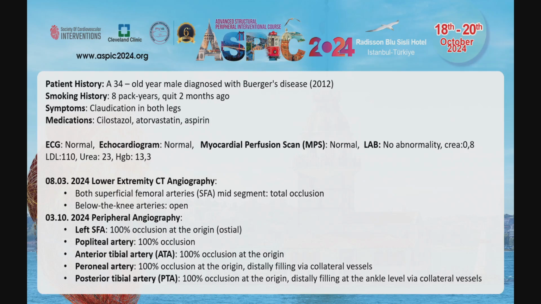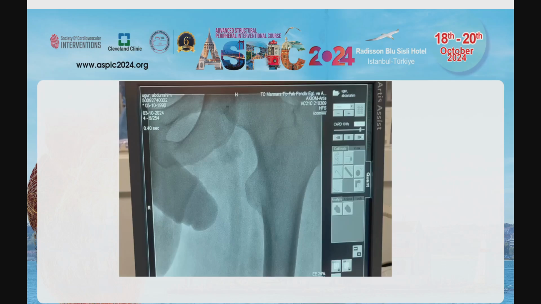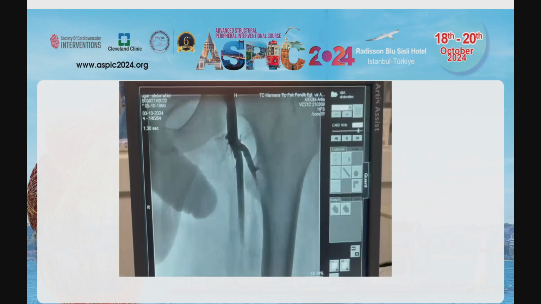The distal is filling via collateral vessels, and we have here the angiography imaging.